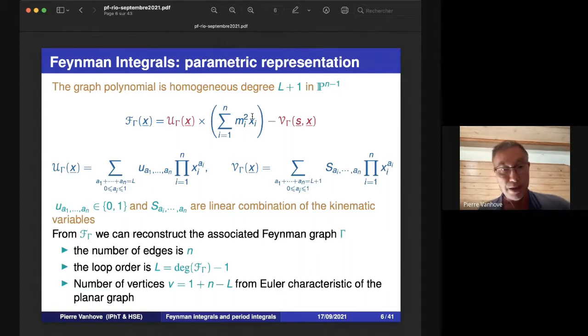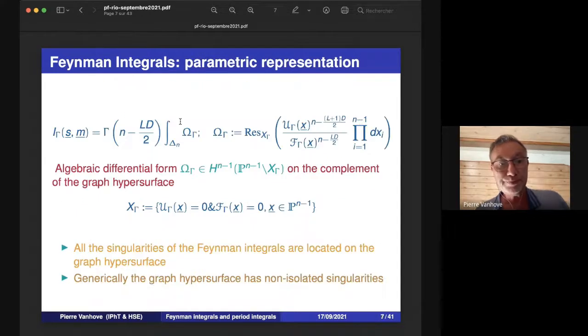As I said, it's important that the degree of F is one higher than the degree of U. Now, what I'm saying is that you can rewrite this integral. To make the formula on the slide, I took all the exponents to be 1.